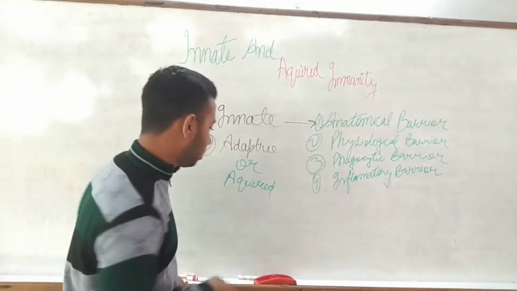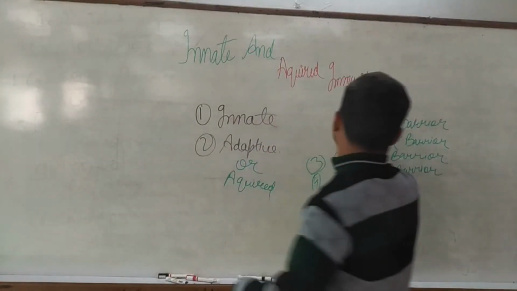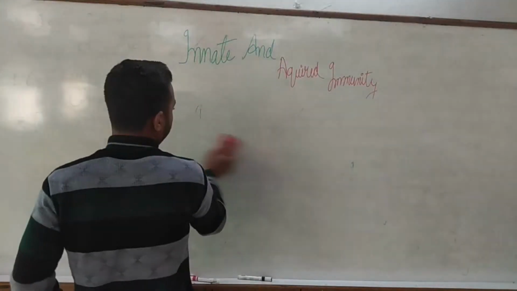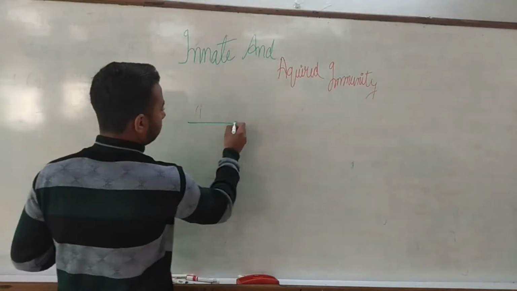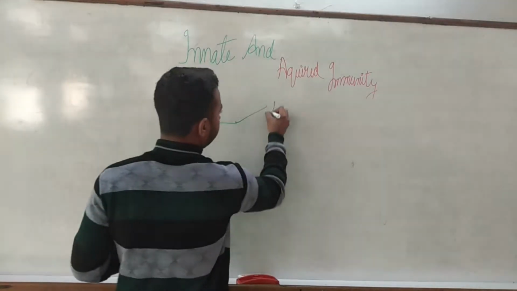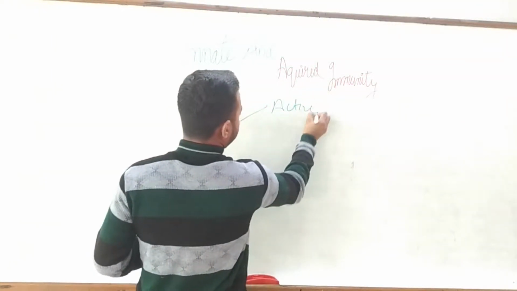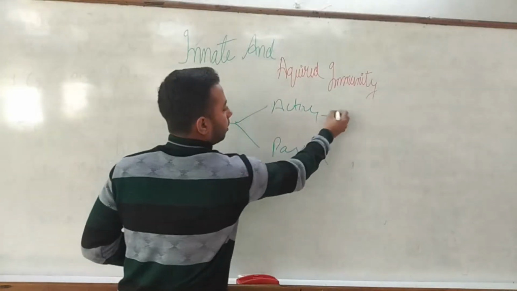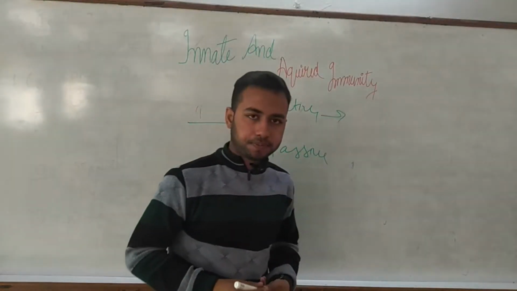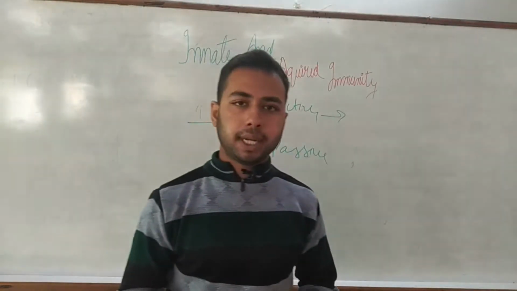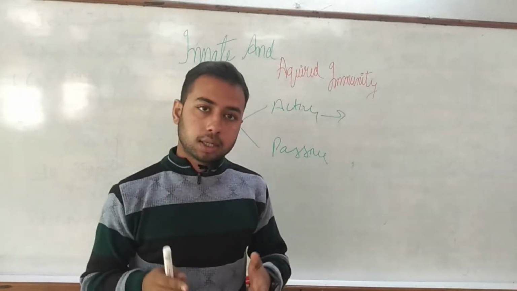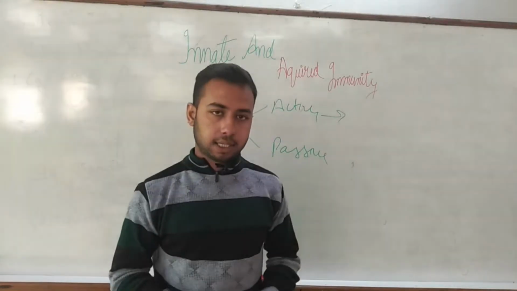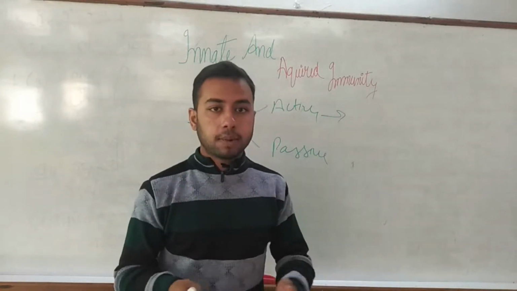So what are active and passive immunity? Let's talk about them. Active immunity includes the vaccination part, meaning we are getting immunized from outer sources by a vaccine.